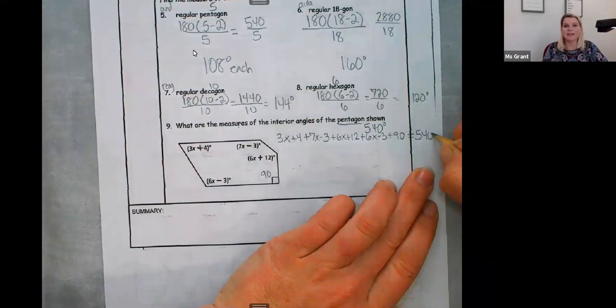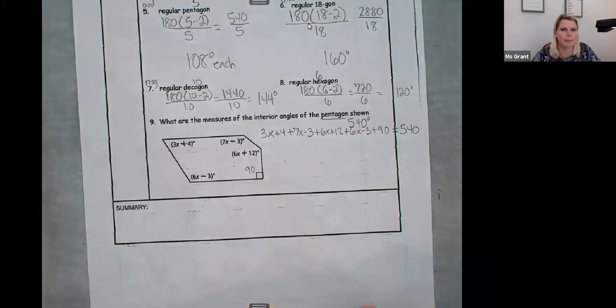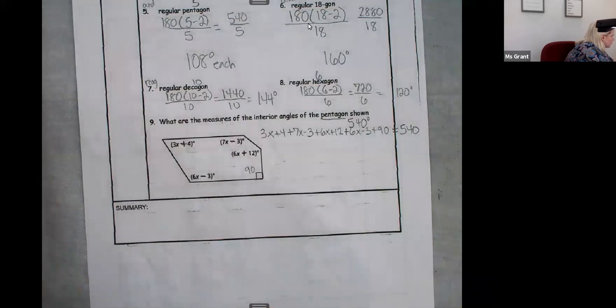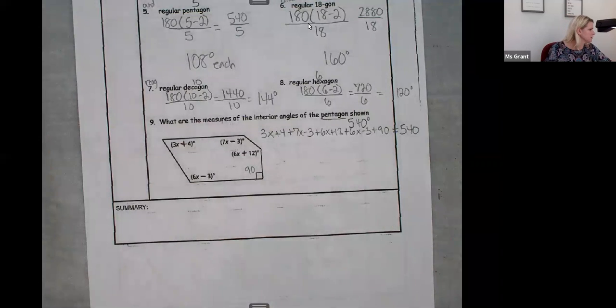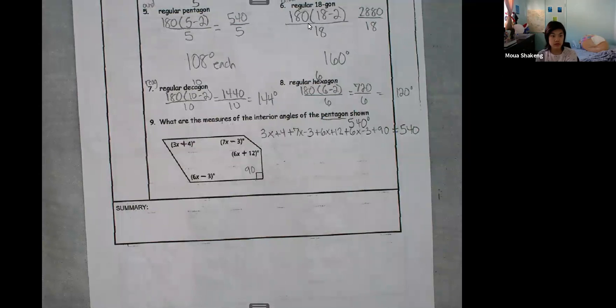Woo, that's a long equation. Okay. So I'm going to add up all the x's, combine like terms, add up all the constants. Is it 22x plus 10?